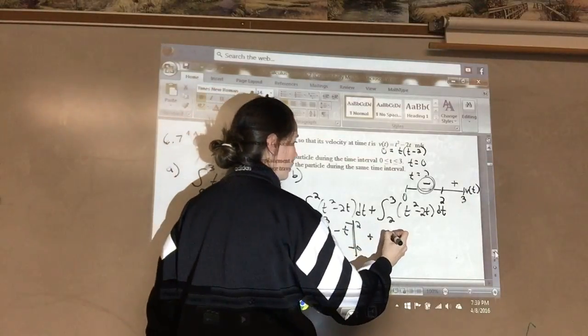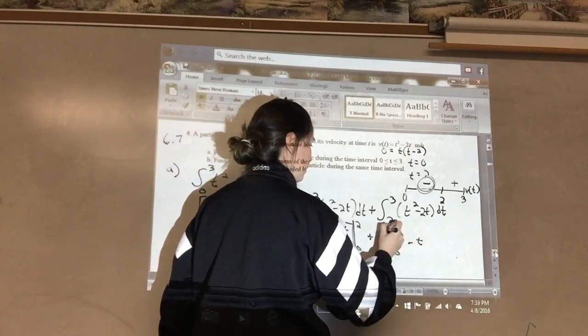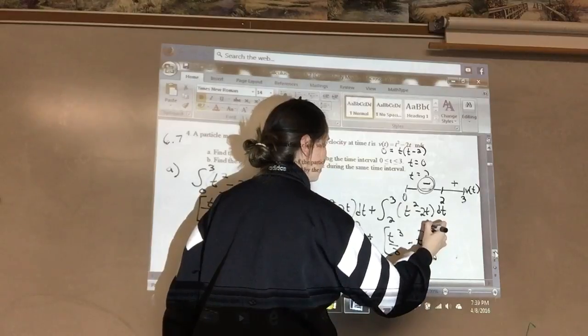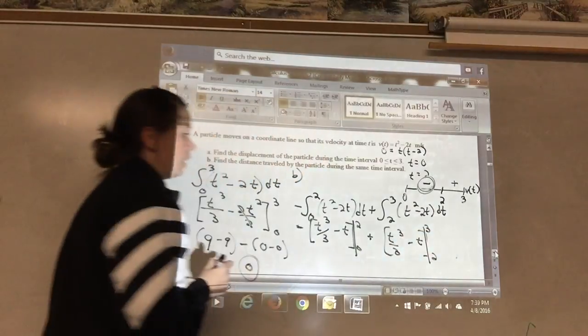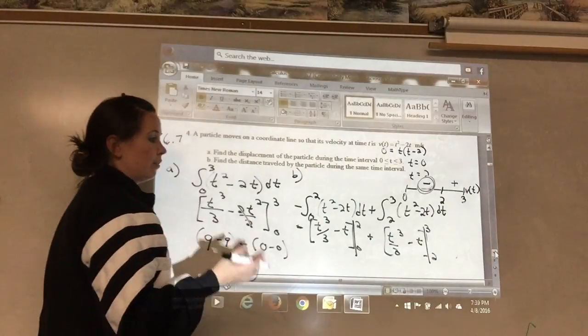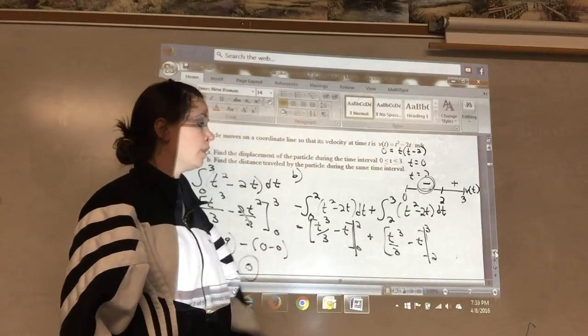Over here, same integral, evaluating from 2 to 3. Then we have to start to go through and sub in our values. First we'll sub in 2, then we'll sub in 0, and so on.